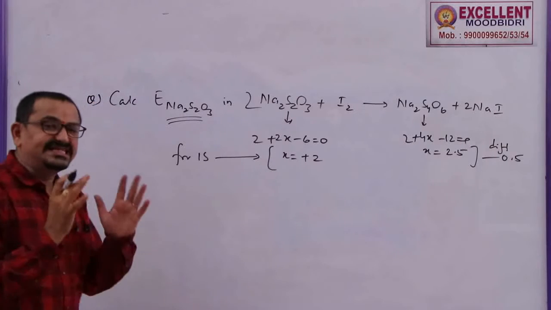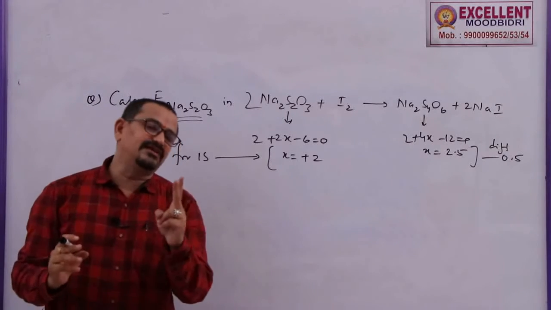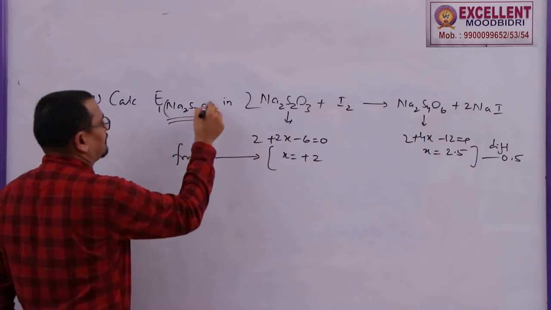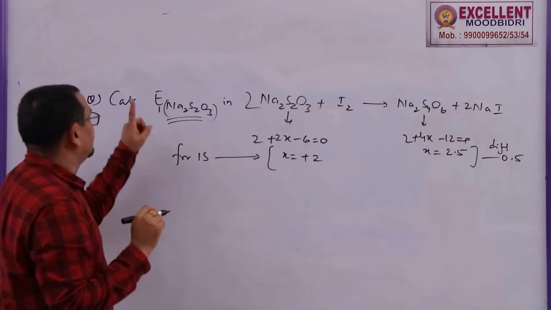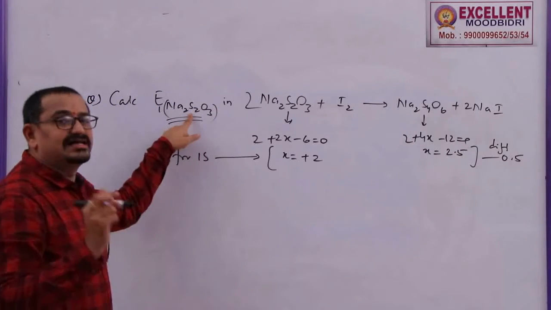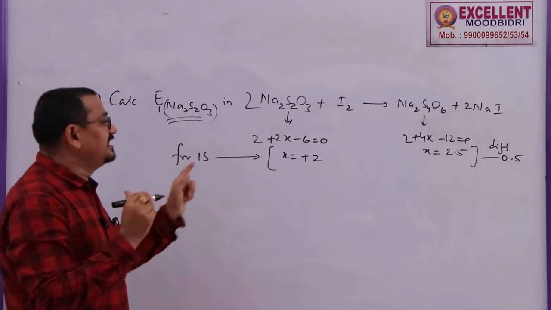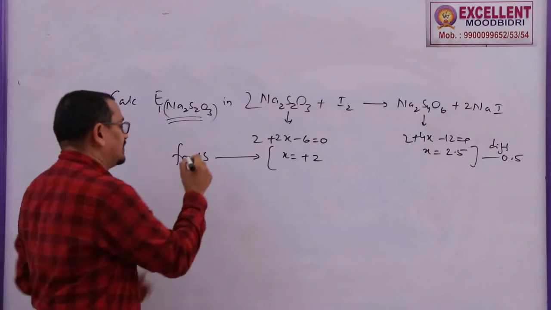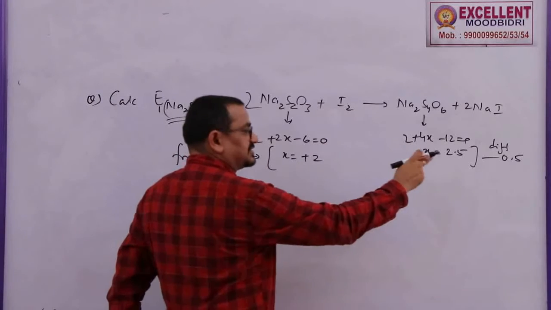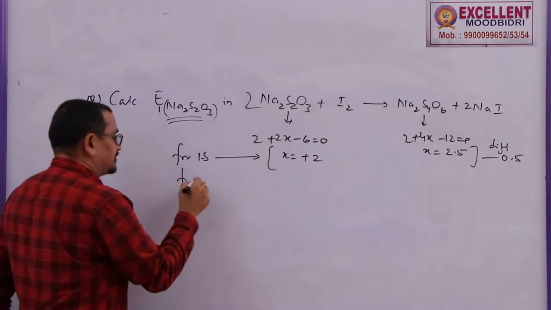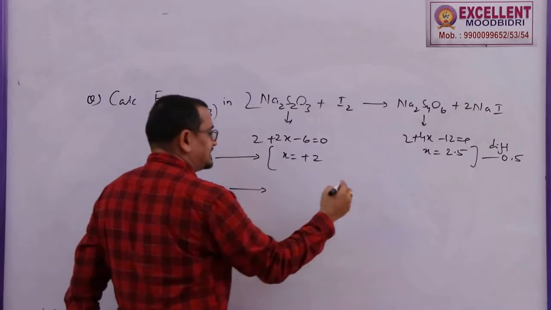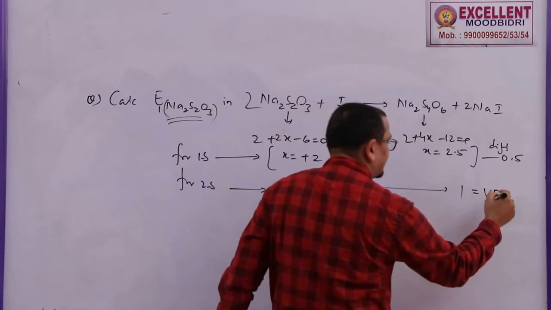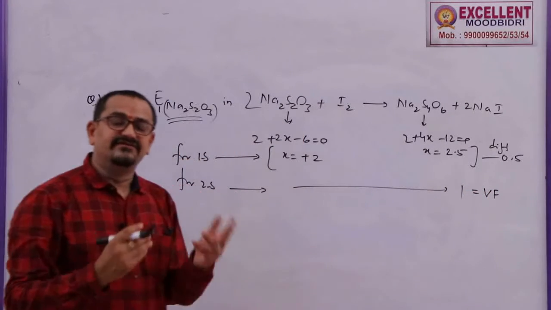But we have to see the difference for two sulfur atoms, because the equivalent mass of 1 mole of sodium thiosulfate is asked. In 1 mole of sodium thiosulfate, as 2 sulfur atoms are there, we need to find the difference for 2 sulfur atoms. For 1 sulfur atom, the difference in the oxidation state is 0.5. For 2 sulfur atoms, the difference is 1. So this is called the valency factor.